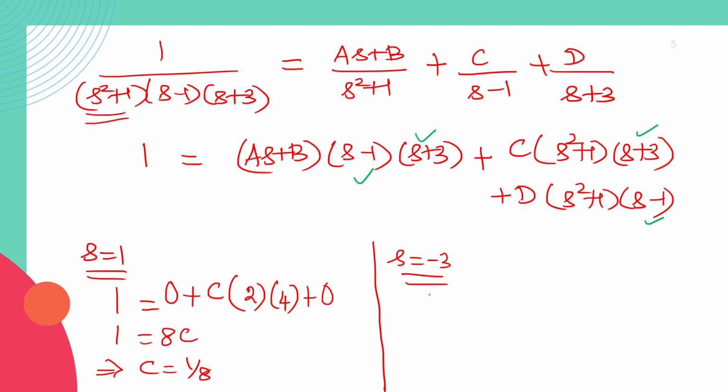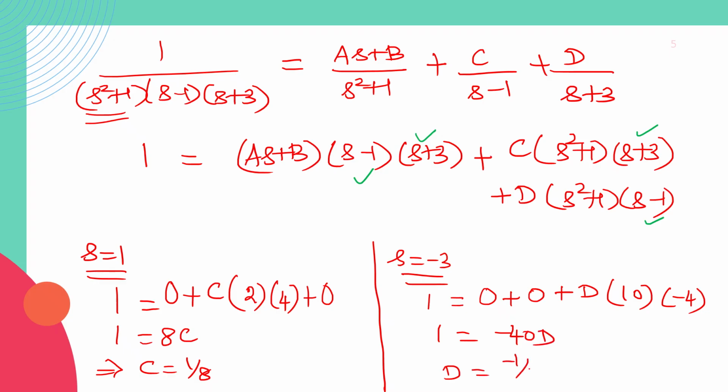So here there is no change in the left hand side, it's 1 is equal to, my first term will vanish out, the second term will also vanish out, and the last term will be plus d into, so minus 3 whole square will be 9 plus 1, it will be 10, minus 3 minus 1 will be minus 4, so 1 is equal to minus 40d, and this implies d is equal to minus 1 by 40. So I got the values of c and d.